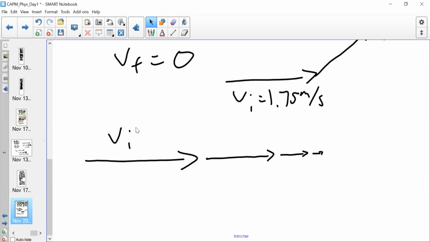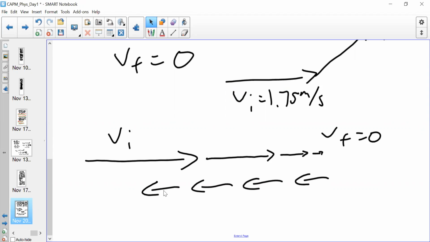It goes from VI to V final equals 0, and the acceleration is the opposite. Friction in the sidewalk, the ramp, is causing her to slow down, and this deceleration, or negative acceleration, is at this rate. So we got all that information and we can find our time.